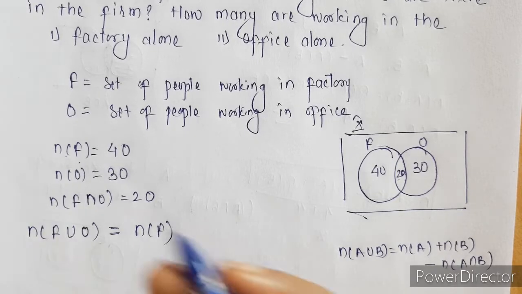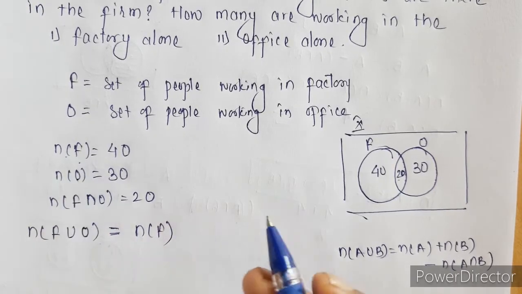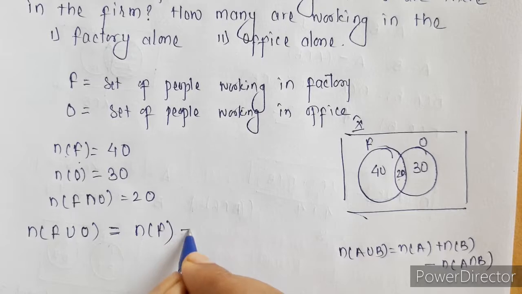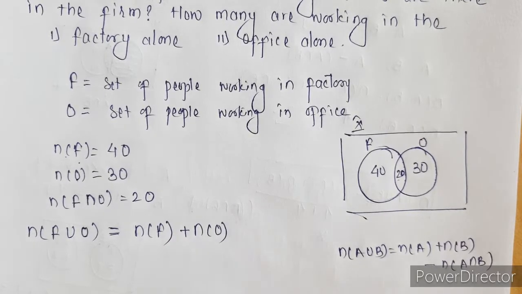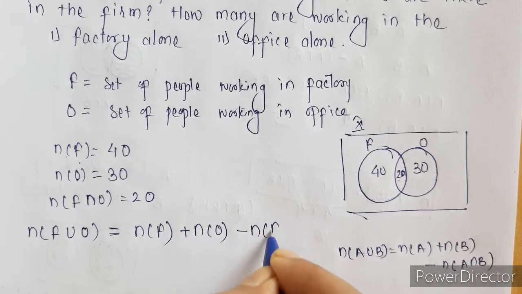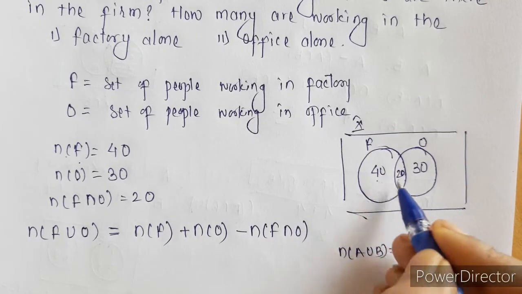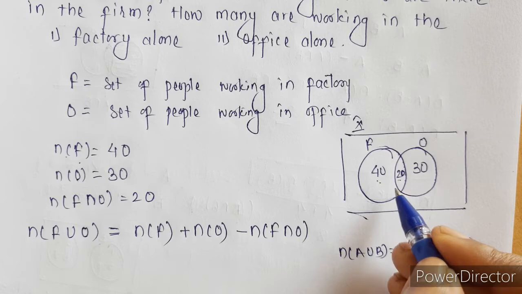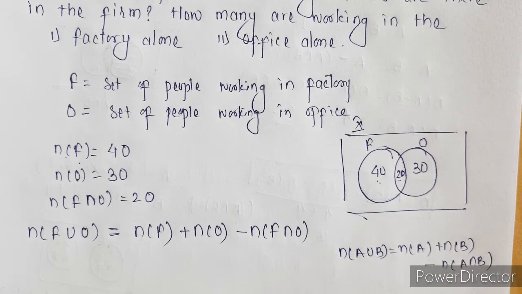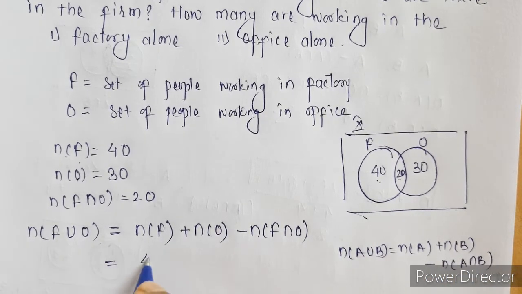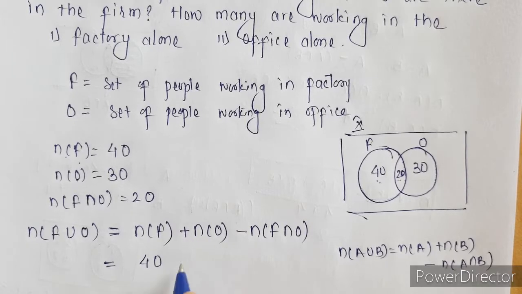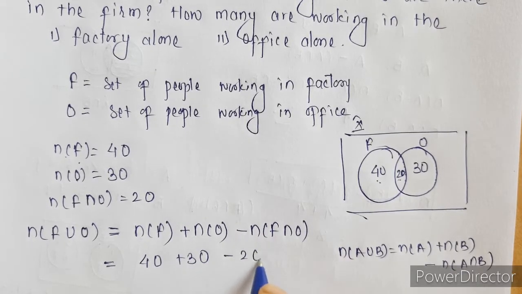Instead of A, I had taken F. You can even take this as A, B. It is not going to make any difference. So this is n(F) plus n(O) minus the people who are working in factory as well as office. Out of this 40, there are 20 people who are working in office as well. So we have 40 in factory, 30 in office, and out of these, 20 who are working in both.